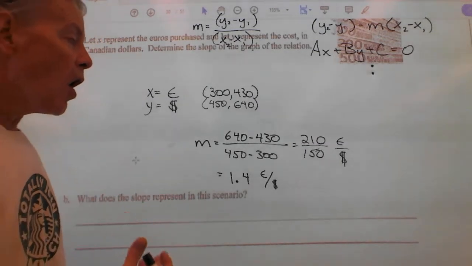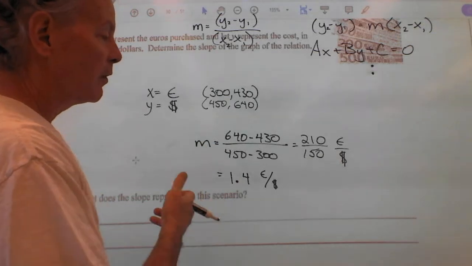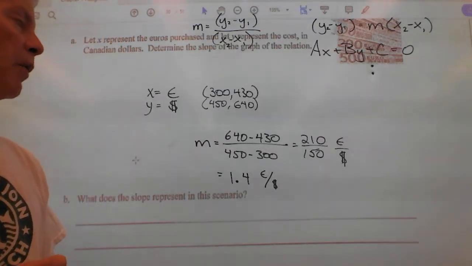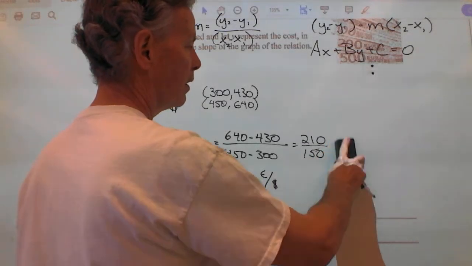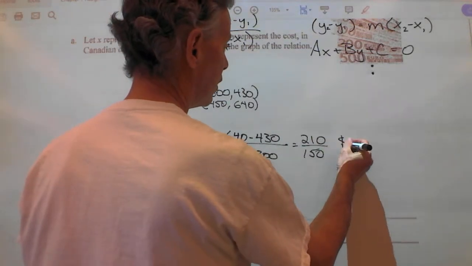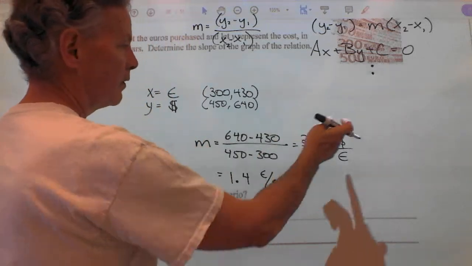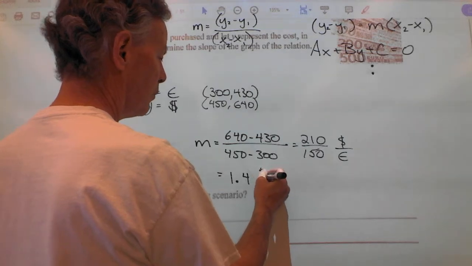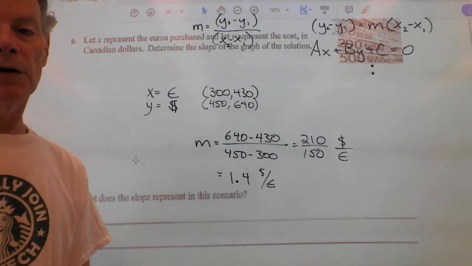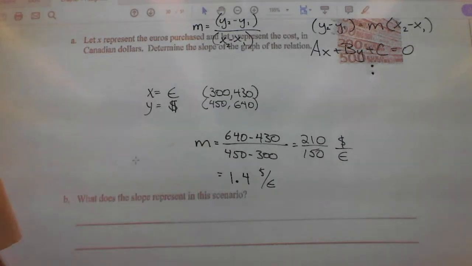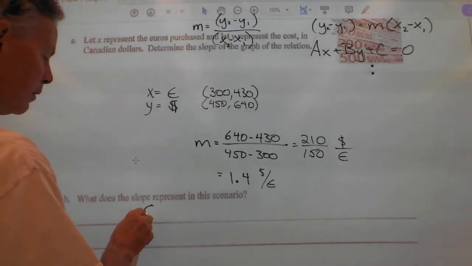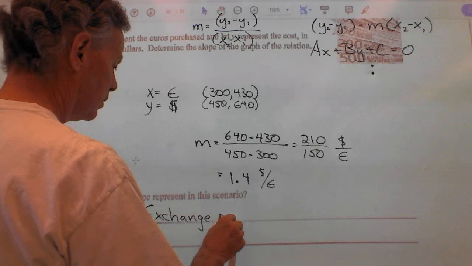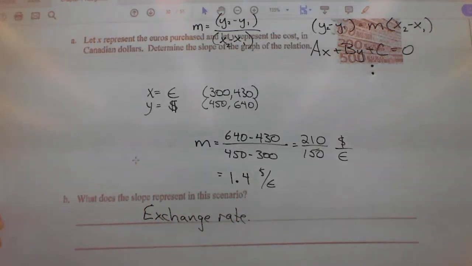It costs $1.4 for every euro you're going to buy. I'm so silly. The top should be dollars, the bottom should be euros, because it's delta y over delta x. That makes more sense. It costs us $1.4 for every 1 euro that we buy. So that's the exchange rate. So what does the slope represent? It represents our exchange rate.